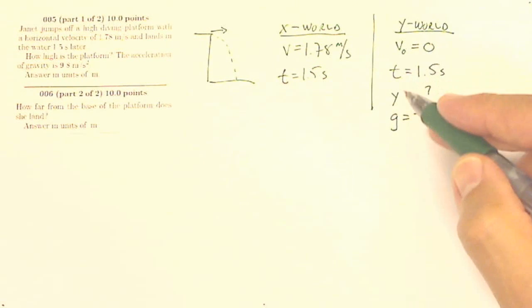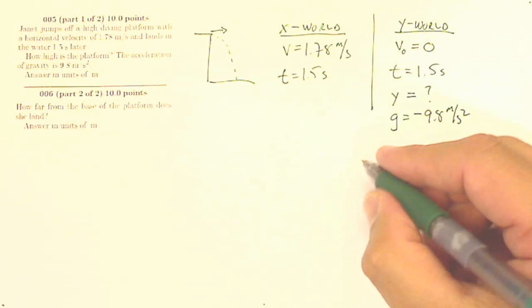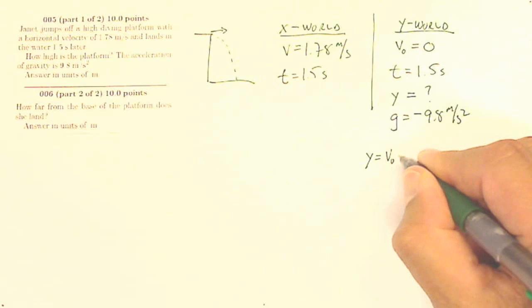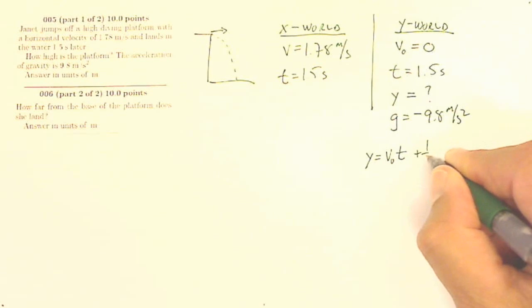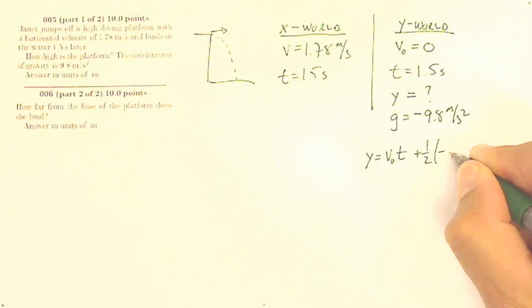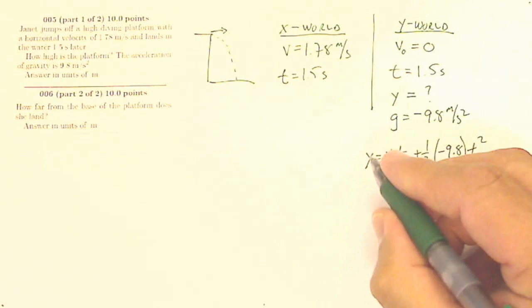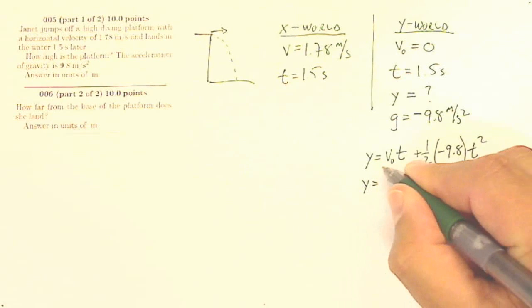So with initial velocity, time, displacement, and gravity, I know that my equation is that my displacement is my initial velocity times time plus 1/2 of my acceleration, I'm sorry, I'm filling in the acceleration already. Usually I write down the equation, times time squared. So my displacement is my initial velocity times time.